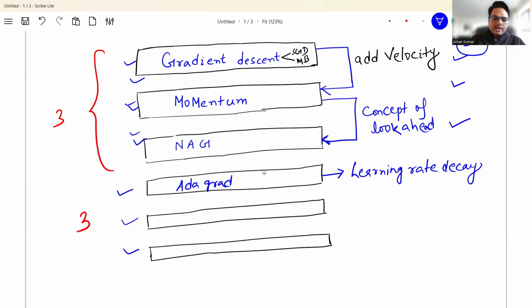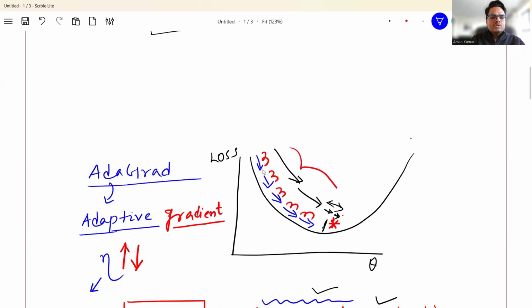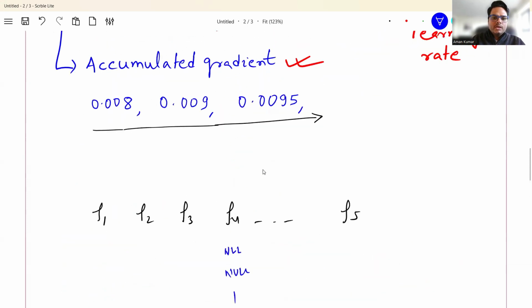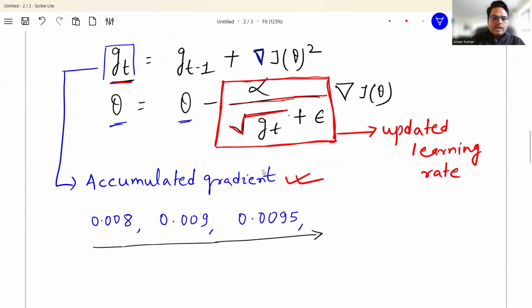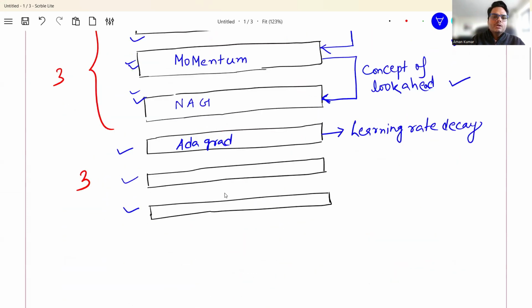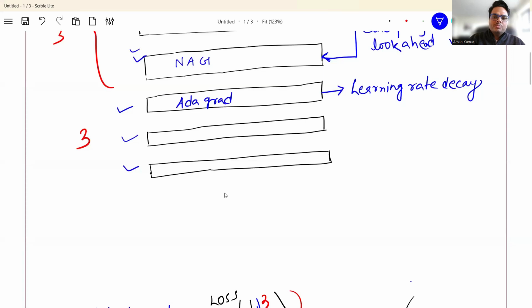Now, there are shortcomings in Adagrad. As I told you, when you reach towards the lower end, this value will be very high, and your accumulation or convergence will be very slow. So researchers have come up with another optimizer here, and they have named it RMSprop.